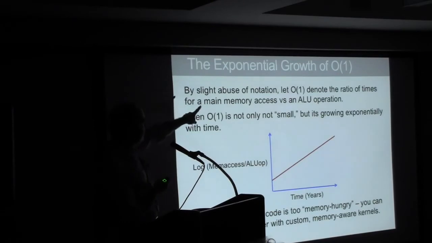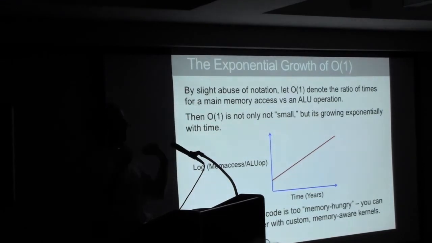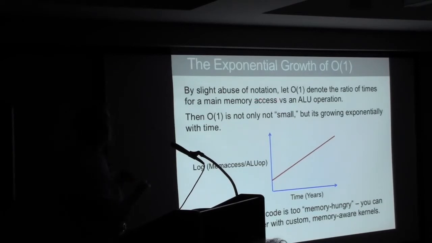Unfortunately that constant is already pretty big, so I'm going to use O(1) to denote the ratio of times for the main memory operation versus the ALU operation. In the example on the previous slide, it was about 5 orders of magnitude. That's not small, and it's also growing exponentially.